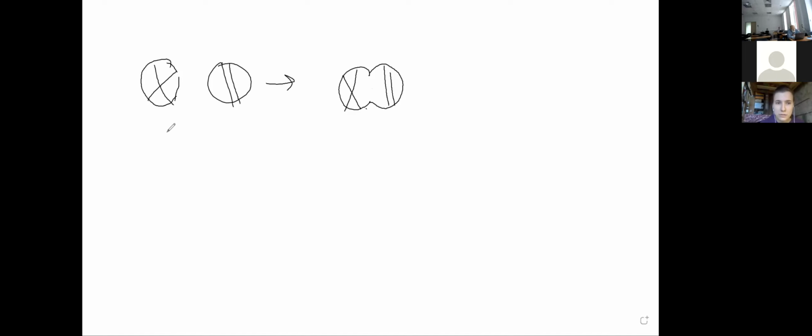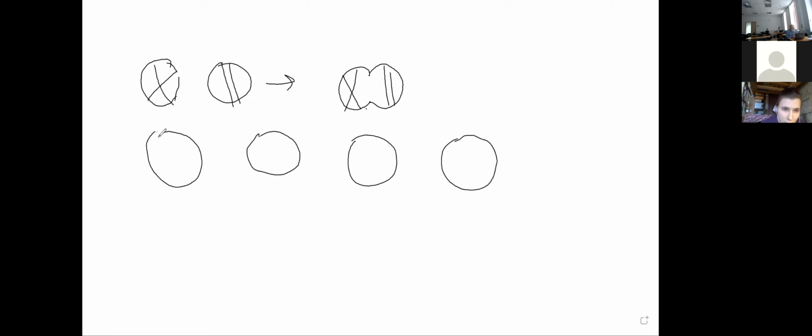But we consider chord diagrams up to the four-term relation, which looks as follows.